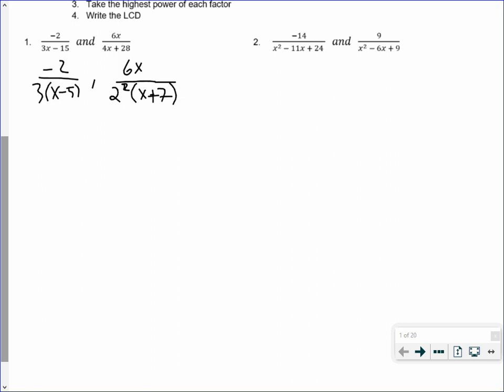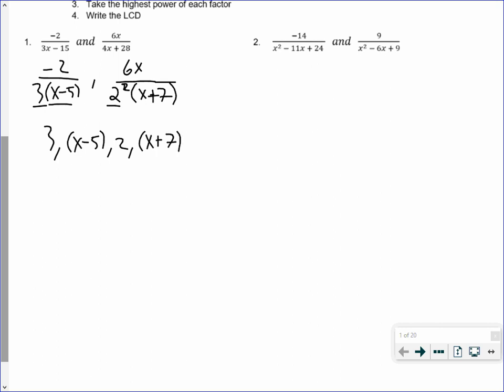All right. And once we've factored out our denominators completely like this, and we took the prime factorization of our constants, what we're going to do is list out each individual factor. First one I see is 3, then I see an x minus 5, then a 2. We're not going to write the powers here, we're just going to write the factor itself, and then x plus 7.